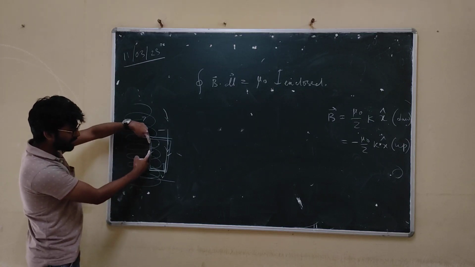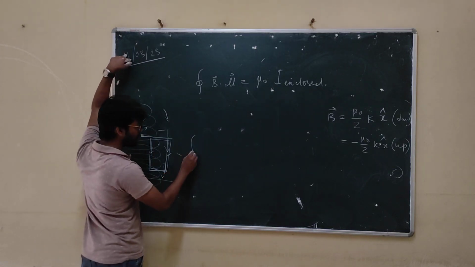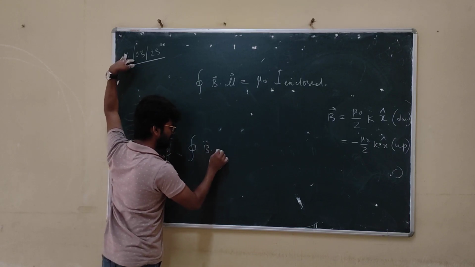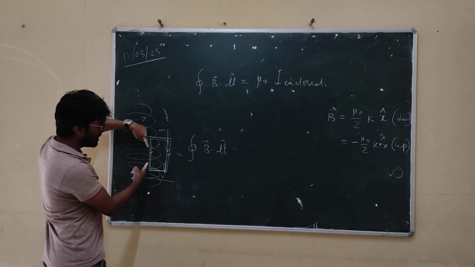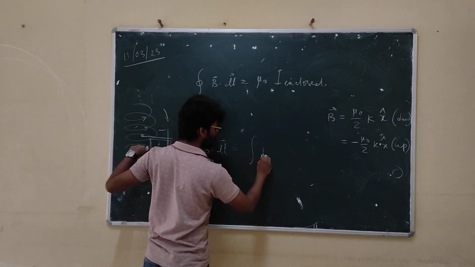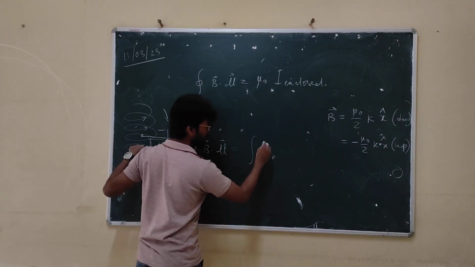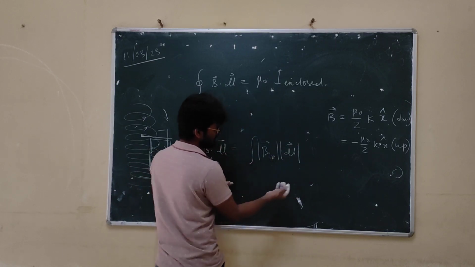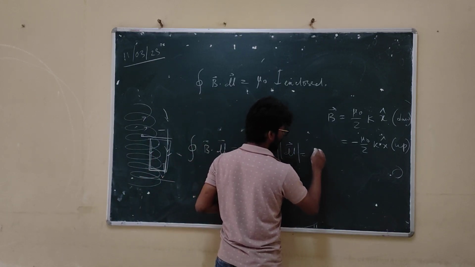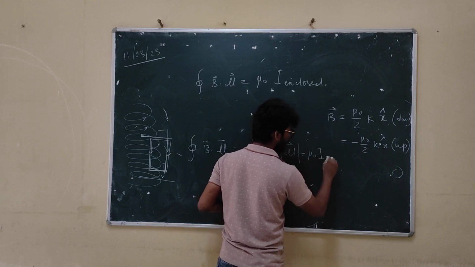So the only thing is just this B dot dl, which turns out to be just B inside, right, dl inside. That's it. And mu naught into current enclosed.